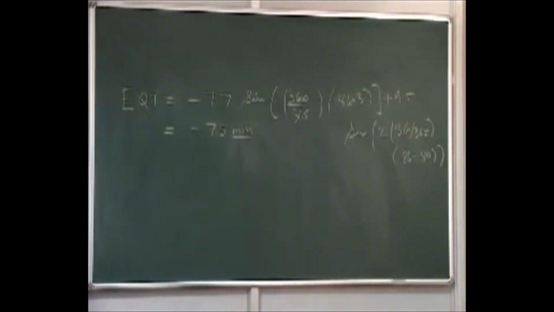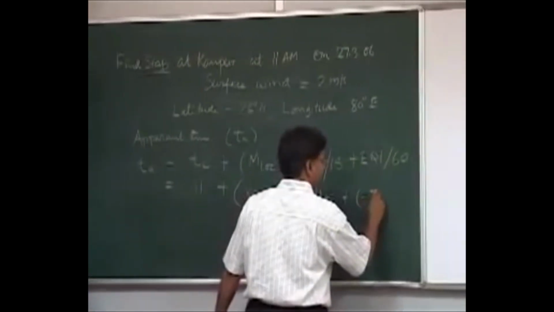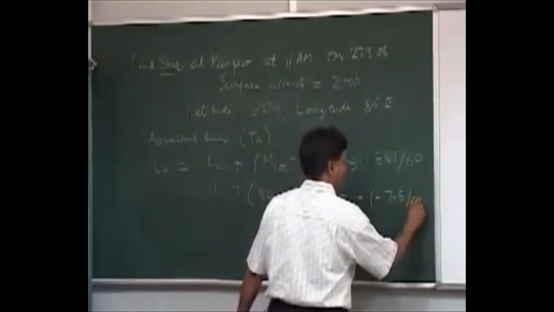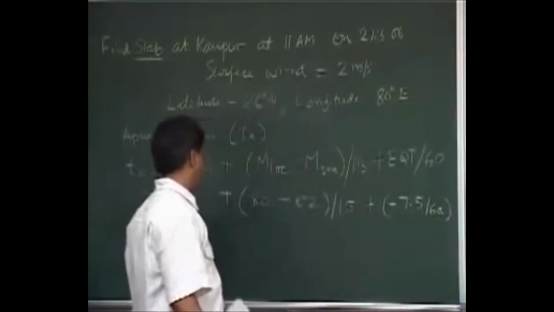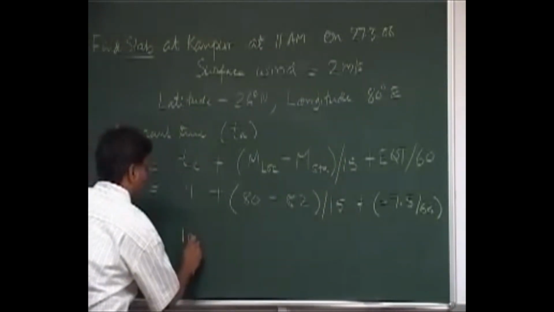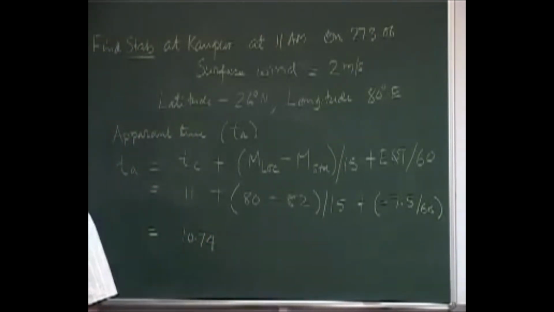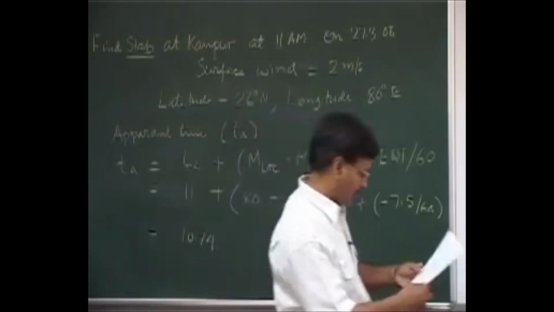If that is the case, I can write this as minus, and that came out to be 10.74. So your time is really not 11 o'clock, but a little less than 11 o'clock. I am carrying it in decimal, not in hours and minutes. Clear? So I got my TA.